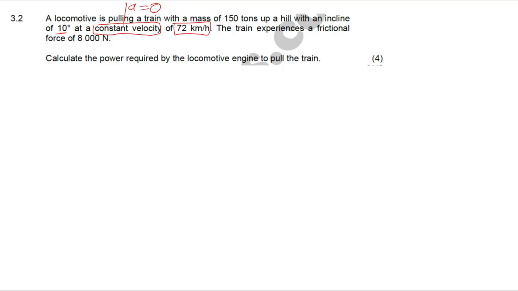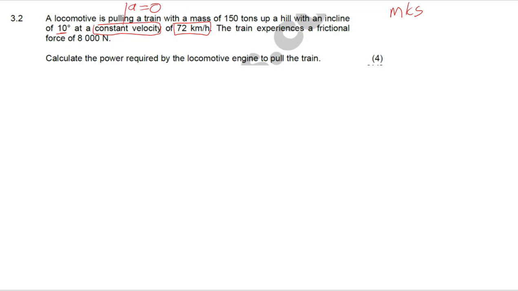Okay, 72 kilometers per hour is not in our MKS format. We need to convert that to meters per second. The train experiences a frictional force of 8,000 newtons. Calculate the power required by the locomotive to pull the train.